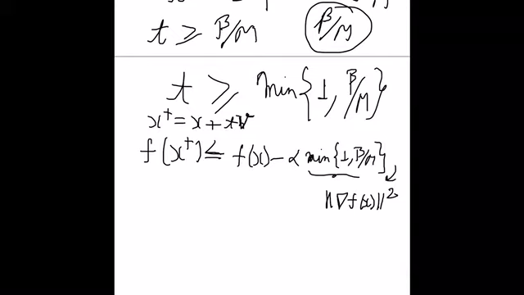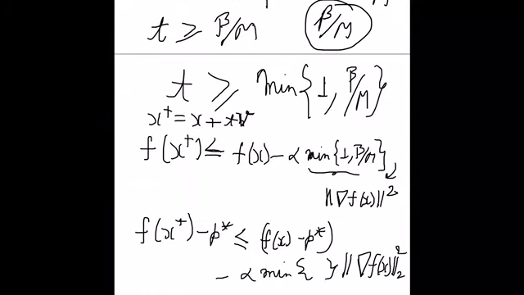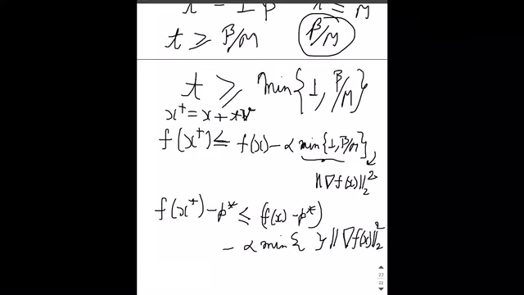Subtracting p star from both sides, we get f of x plus minus p star is less than or equal to f of x minus p star minus alpha times min of 1 comma beta by m times the norm of gradient of f of x squared. All these norms are 2-norms.